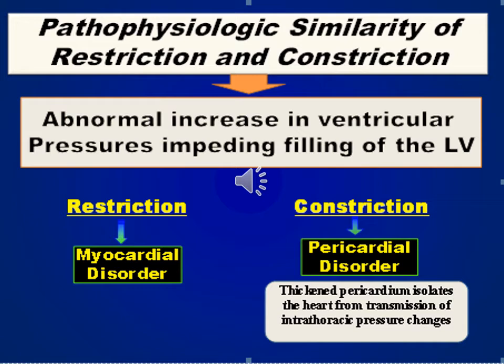The other type, which has a restriction, is a myocardial disease, a heart muscle disease, called restrictive cardiomyopathy. Both types have a very similar pathophysiology, and you should differentiate between them to reach the right diagnosis and the right treatment as well.